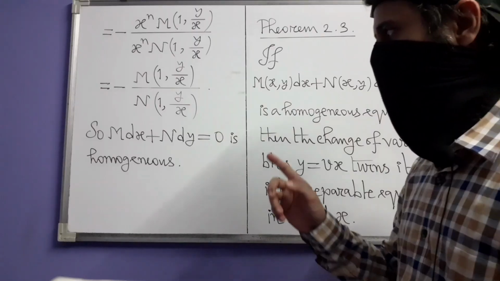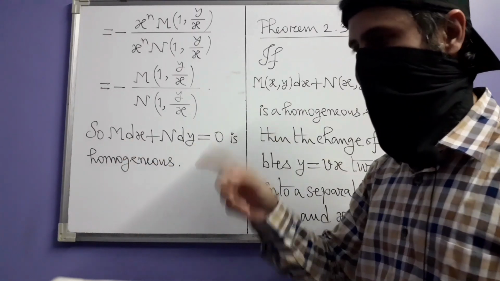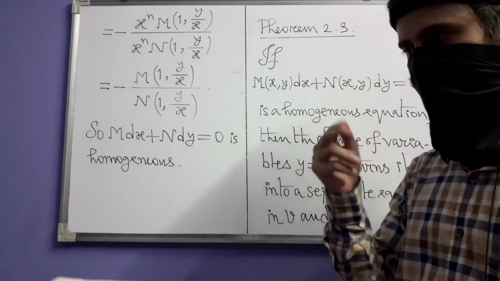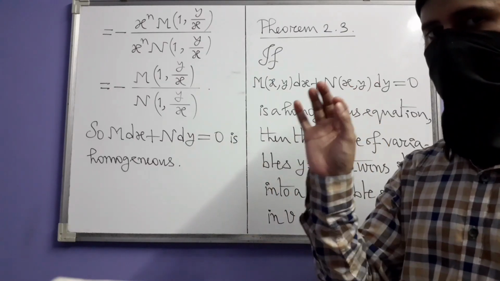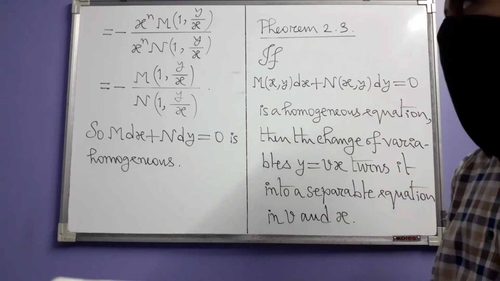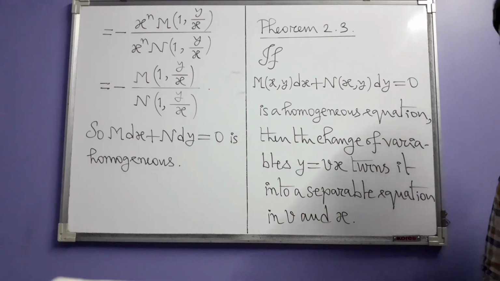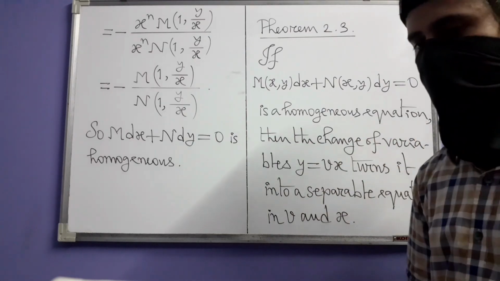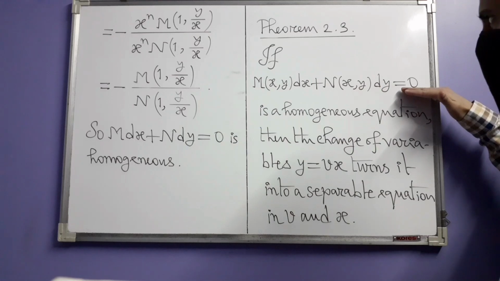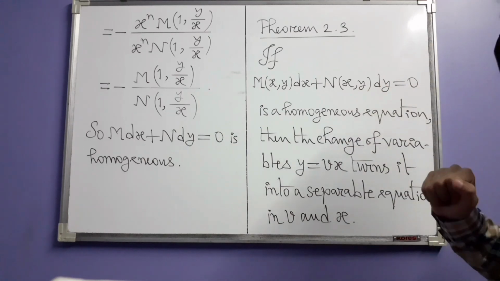In particular, in example 2.10, you will see that the functions m and n there are both homogeneous of degree 2, and in the other example, the functions are both homogeneous of degree 1. And finally, we have this result, which this section is all about. You have your differential equation in differential form, and it is given that this is homogeneous.